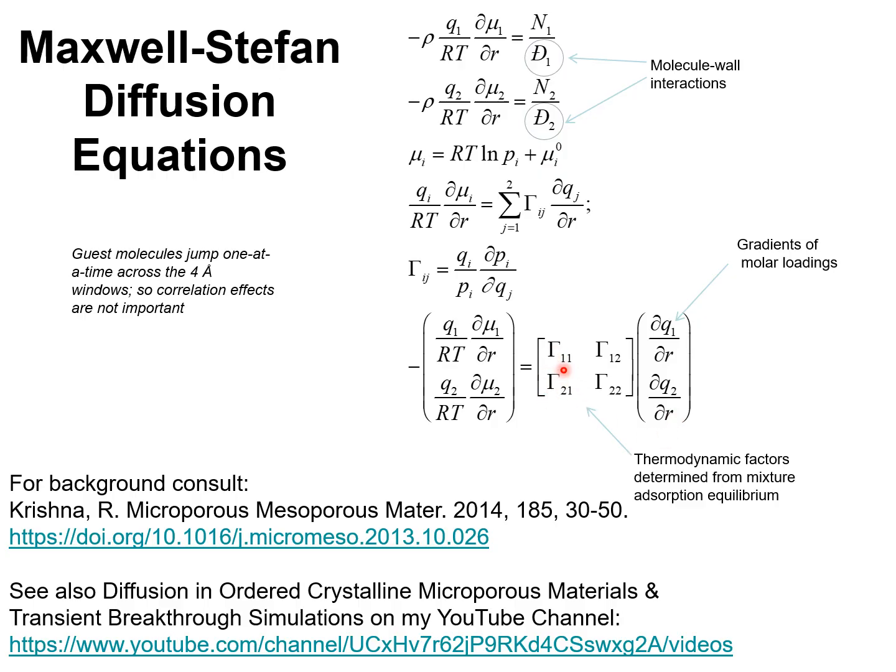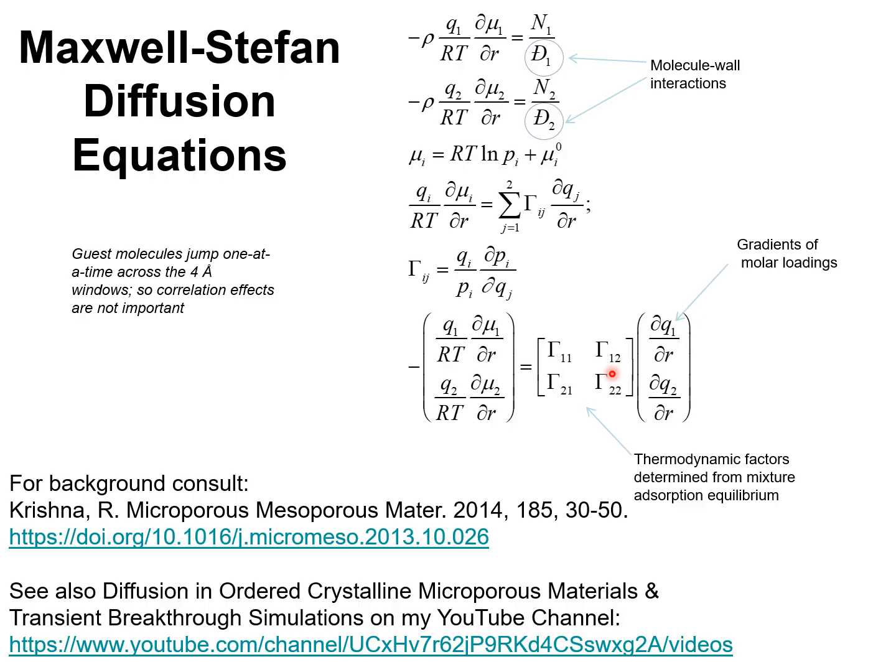If we ignore the cross coefficients, gamma 1,2 and gamma 2,1, the chemical potential gradient of species 1 is proportional to the gradient of the molar loading of component 1.